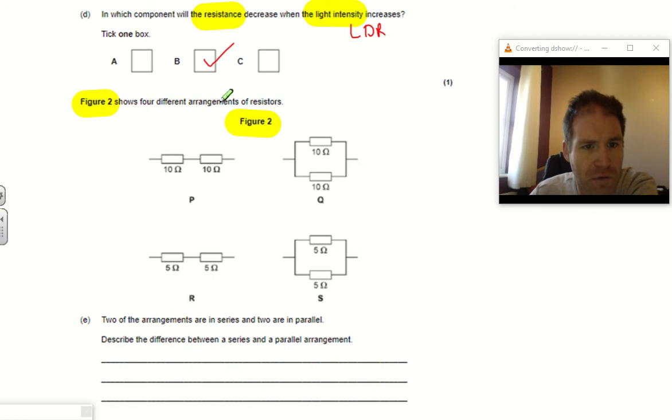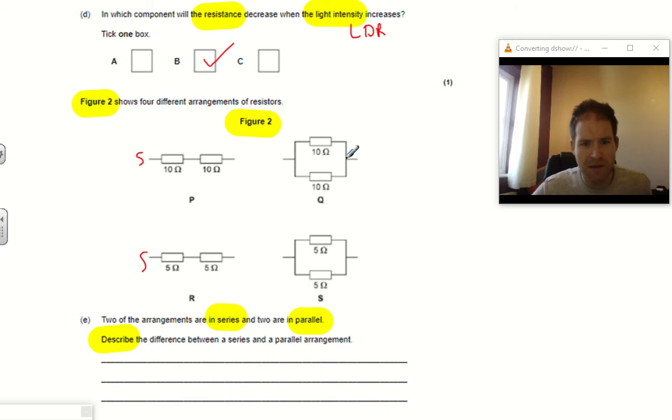Figure 2 shows 4 different arrangements of resistors. 2 of the arrangements are in series, 2 of them in parallel. So describe the difference between a series and parallel arrangement. Okay, so series, parallel.